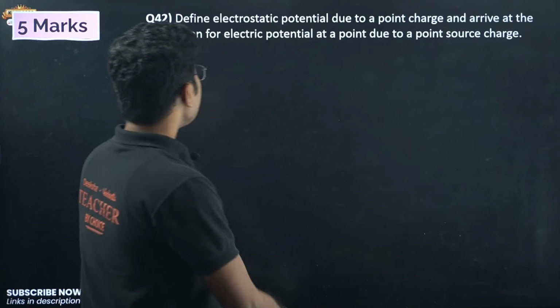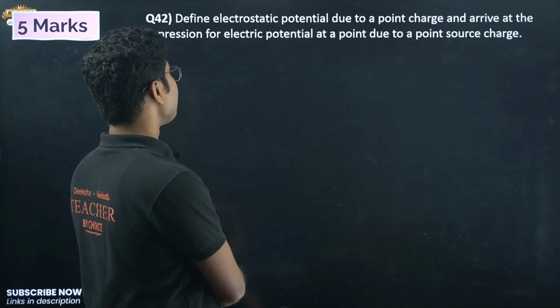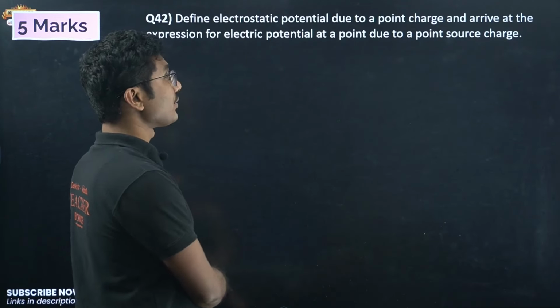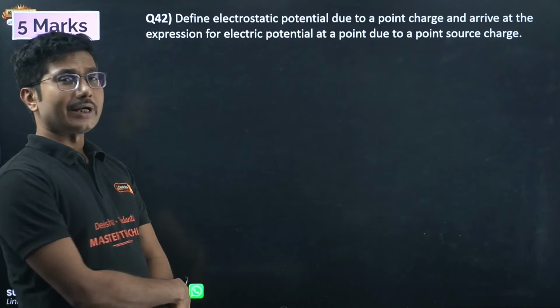Now next, define electrostatic potential due to a point charge and arrive at the expression for electric potential due to a point source charge. So what is the electrostatic potential?